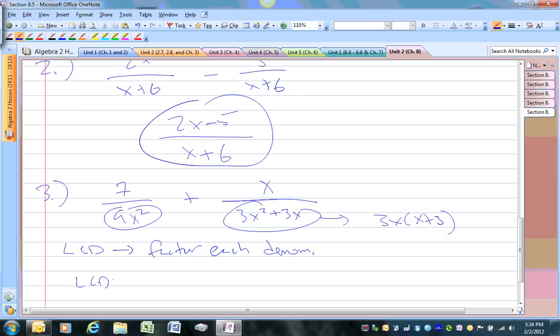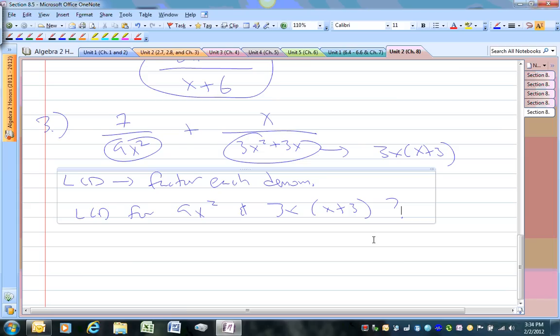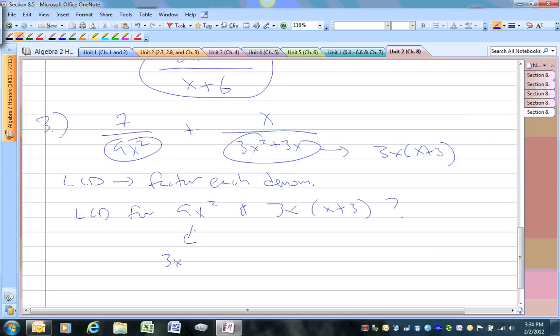So what is the LCD for 9x squared and 3x times x plus 3? That's a little bit tricky. But here's what you can do. 9x squared we already know is 3x times 3x.